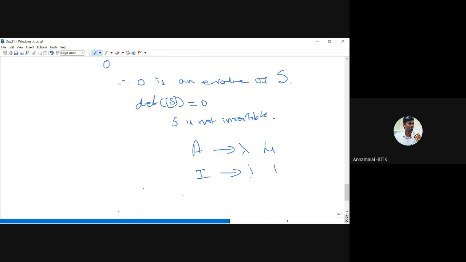Now the eigenvalues of I plus A are just 1 plus lambda and 1 plus mu. Suppose you want the eigenvalues of I plus A square. First you find the eigenvalues of A square, which are lambda square and mu square. Therefore, the eigenvalues of I plus A square are 1 plus lambda square and 1 plus mu square. That is the idea.